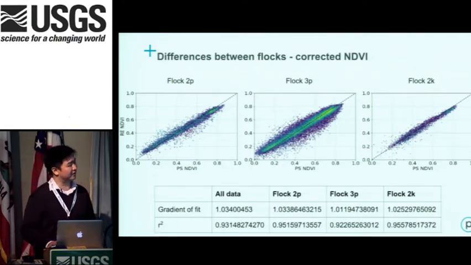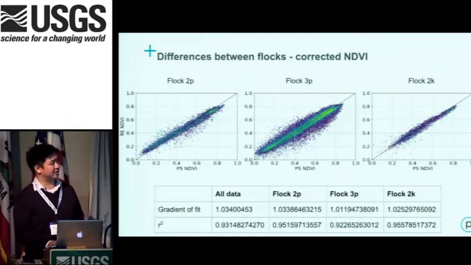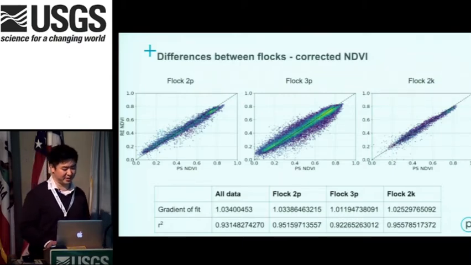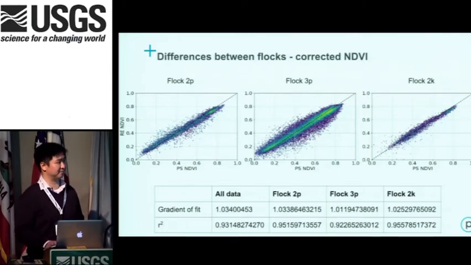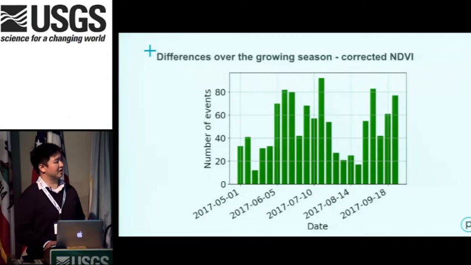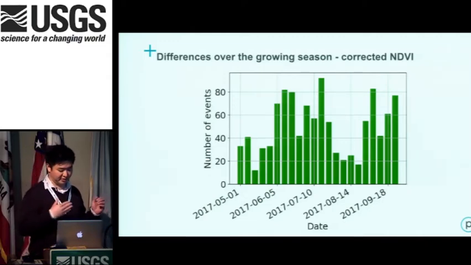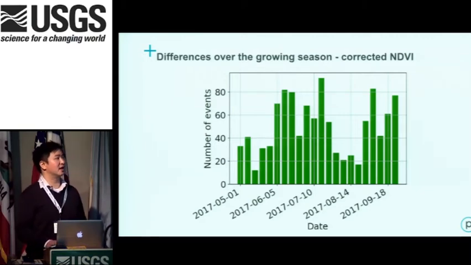And then we looked at the effect of the correction on each of the flocks individually to see if there's any difference in effect, and there wasn't that significant a difference. That was quite reassuring, because it meant that we could use the correction on any of the satellites without having to do a per-flock correction. And again, we wanted to look at the correction over time throughout the growing season, and this is just the number of events throughout time.